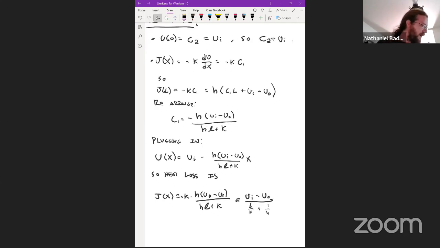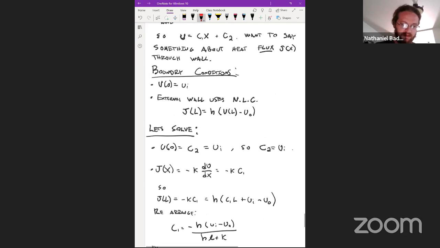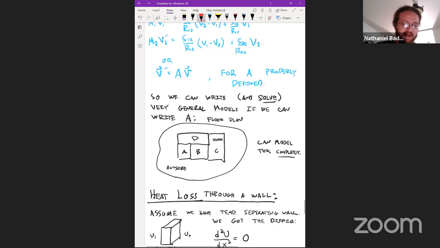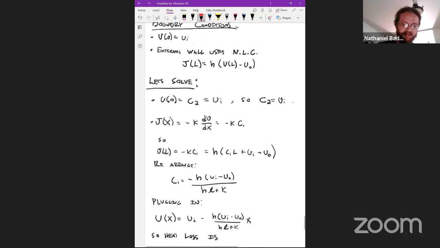Okay, so why is this nice? Why have I written things like this? The reason is that this here is 1 over Newton's cooling constant. And this is going to be 1 over the length of the wall times K, where K is the thermal conductivity.